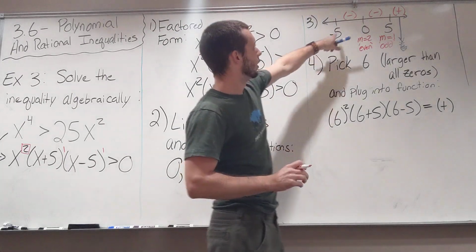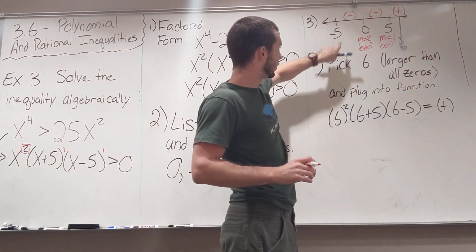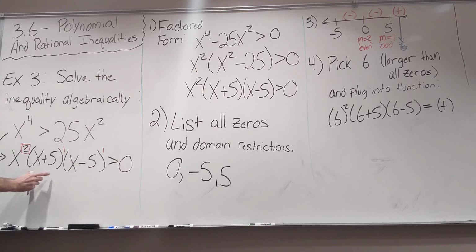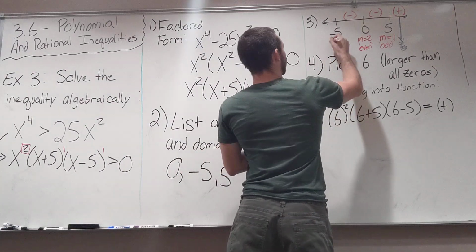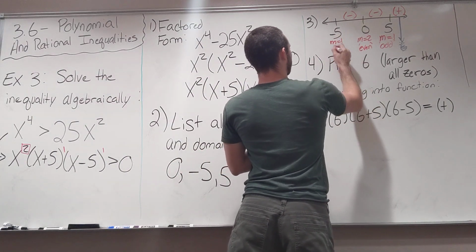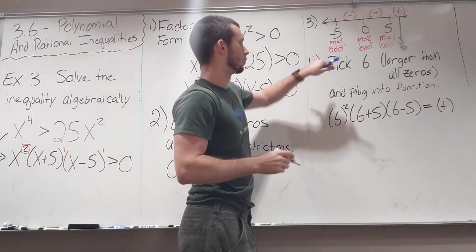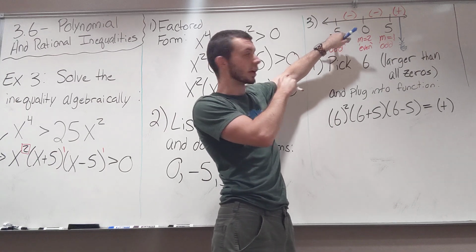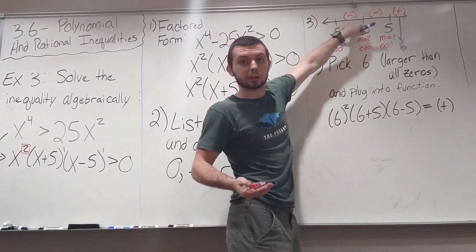And then finally, to go from this segment to the final segment, what we need to do is figure out the multiplicity of negative 5. Negative 5 comes from this factor with an exponent of 1. So that tells us that the multiplicity is 1. This is odd. And so that means if ever we dance around the negative 5, we have to flip the sign because that's crossing.